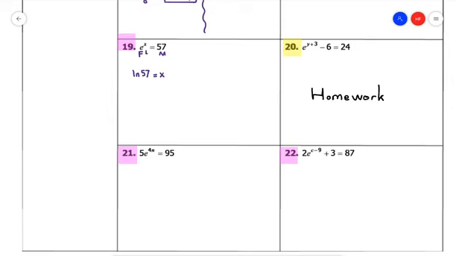We can find what ln of 57 is in our calculator, and it's 4.0431. We say that's approximately what x equals, and then we can check. Does that work? So e to that power.